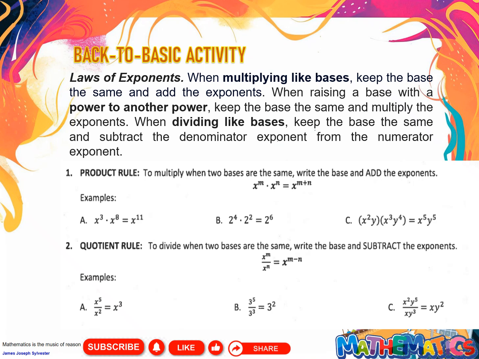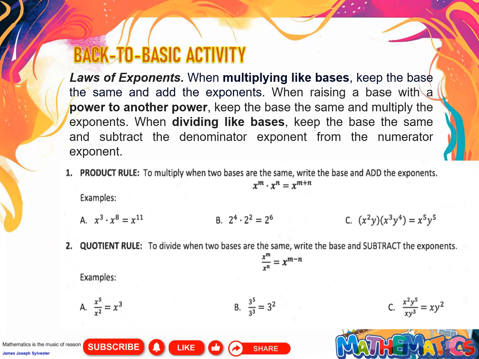While number 2 is the quotient rule. To divide when two bases are the same, write the base and subtract the exponents. As you can see, we have x to the m power divided by x to the n power is equal to x to the m minus n.